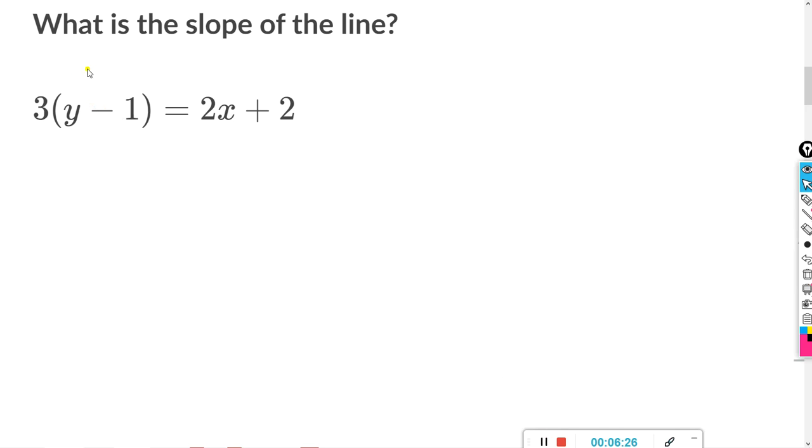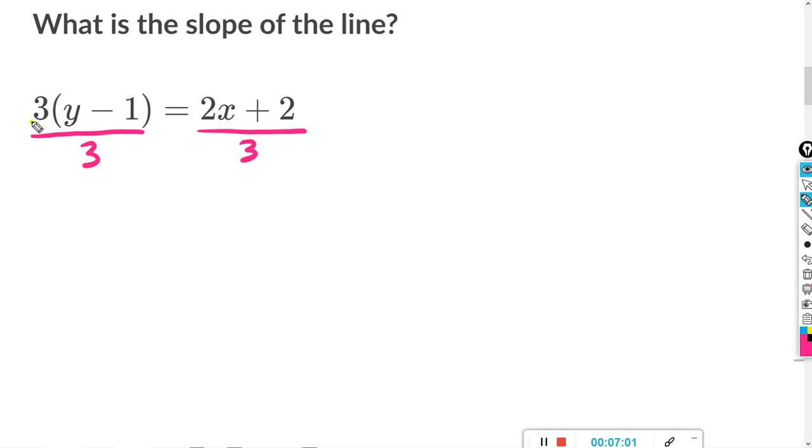So for all of these, they want us to find the slope of the line. This here is not in point slope form, so we're going to have to do this the long way and solve for y. So we want this in the form of y equals. And right here, instead of distributing this 3, we have 3 times this expression in parentheses. So the opposite of times 3 is divided by 3. So I'm just going to divide both sides by 3.